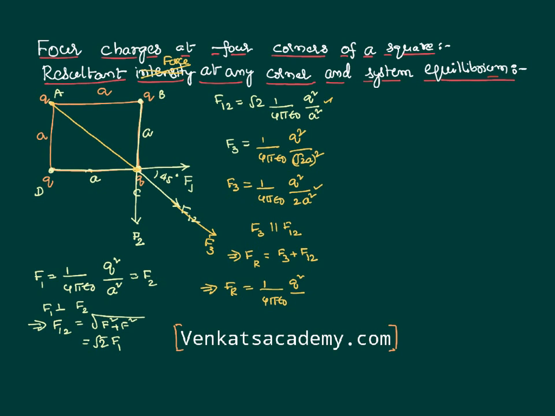Now, I would like to extend this discussion a little further. What is the extension that I want to calculate? What I want to do is, I want to keep the entire system of these 4 charges in equilibrium.